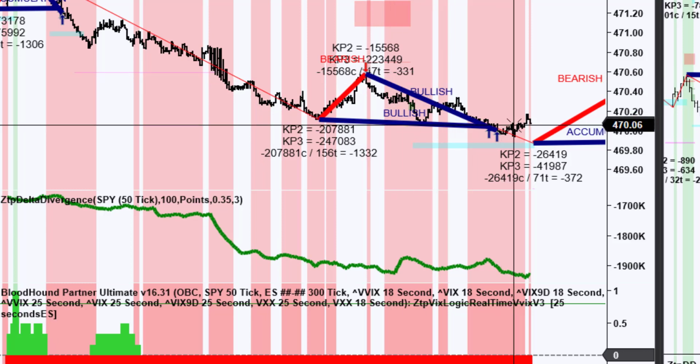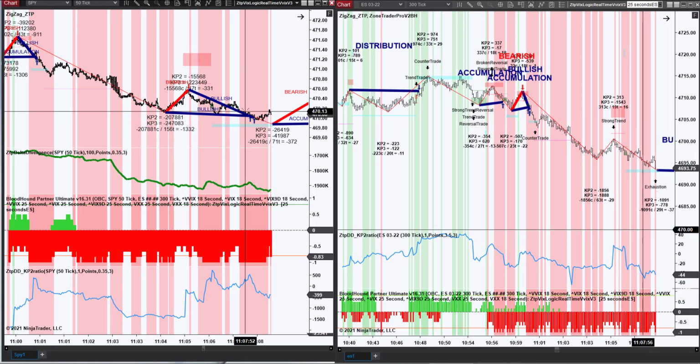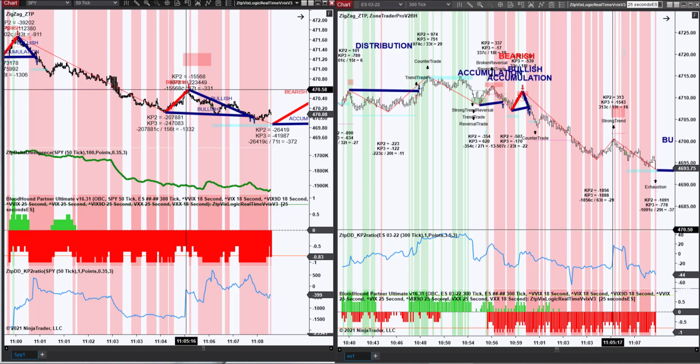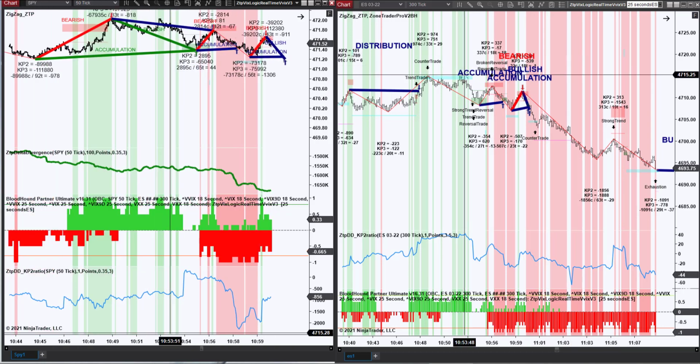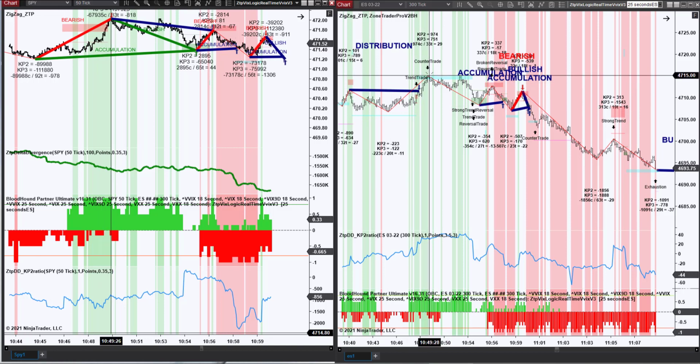And then that trade worked for a little over 7 points. So you can see how if we use our numbers, we can make better decisions on whether or not we want to get involved in a strong trend and whether or not a strong trend is going to work based on the delta in the SPY and in the ES.